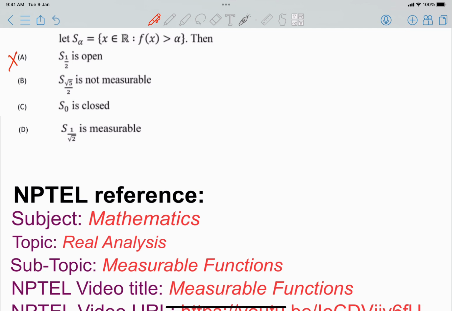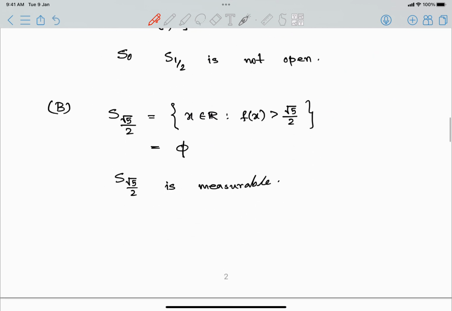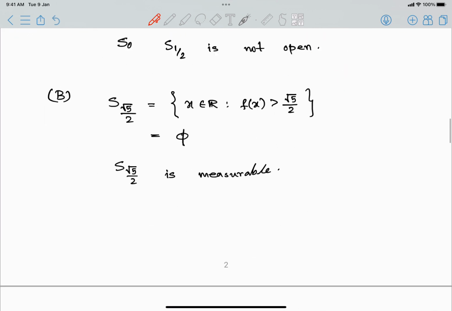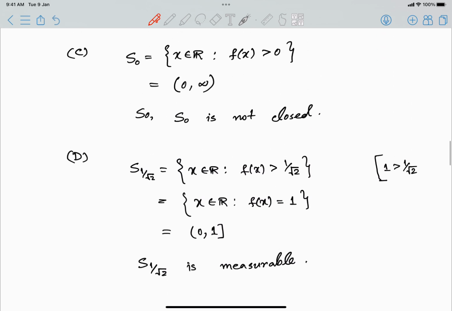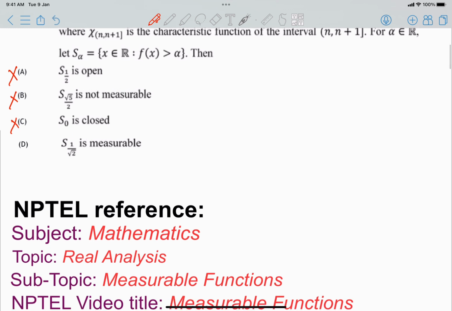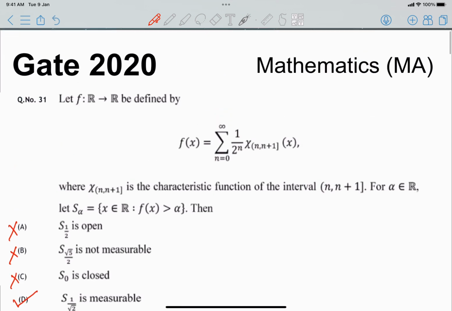Option B says S root 5 by 2 is not measurable, but we have got that S root 5 by 2 is measurable, so option B is false. Option C says S0 is closed, but we have got that S0 is not closed, it's an open interval, so this is again false. And S 1 by root 2 is measurable, that we have got. So option number D is correct. Okay.